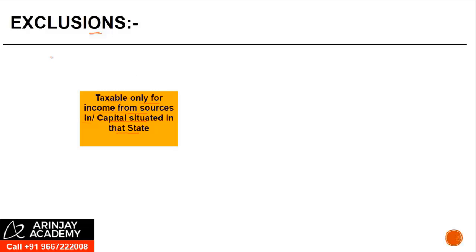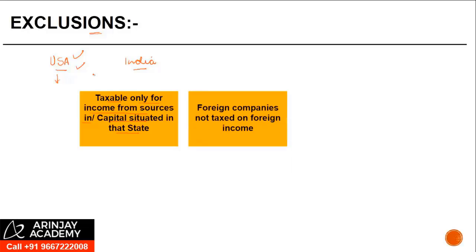So let's say there is a US person who wants to invest into India, right? He wants to claim the benefit of the India-US treaty, but insofar as the US is concerned, he is taxable only for income from sources which are situated in the US or capital situated in the US. In that case, he is not going to be considered a resident of the US and therefore will not be entitled to the benefit of the India-USA treaty.